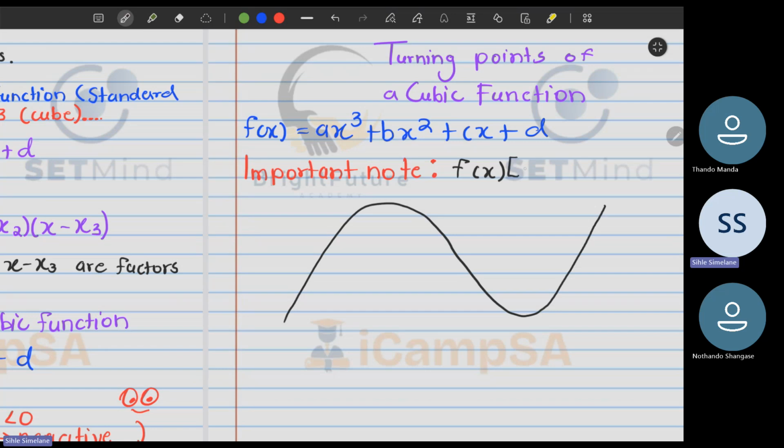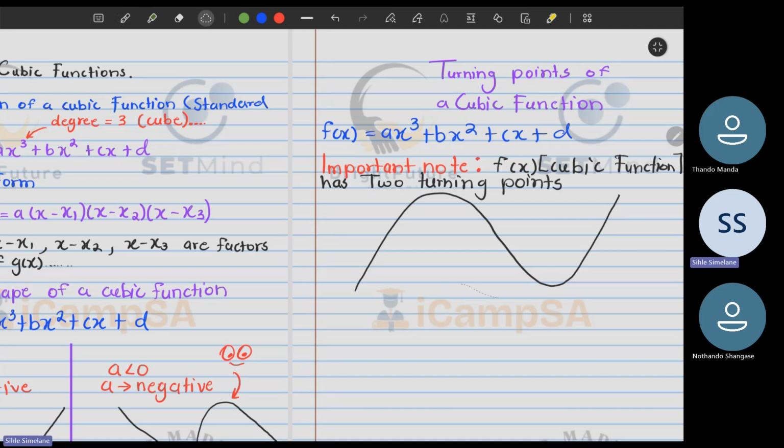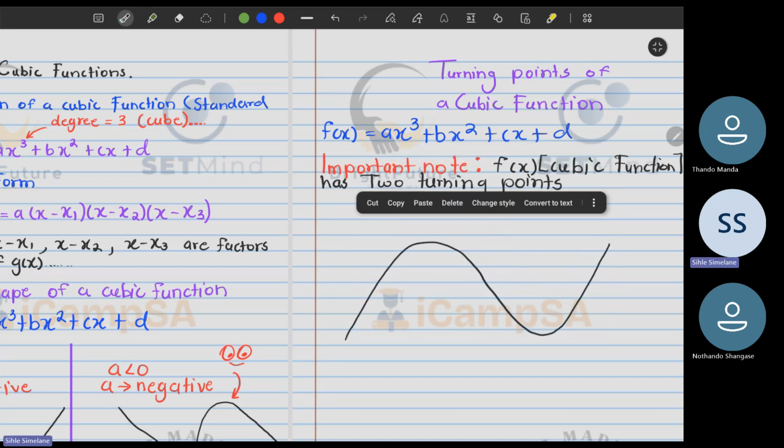And the note is that f of x, which is a cubic function, has 2 turning points. Okay, and if you look carefully from the sketch, you can clearly see that.